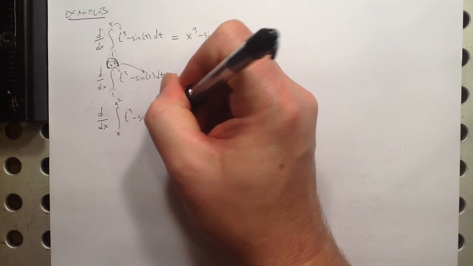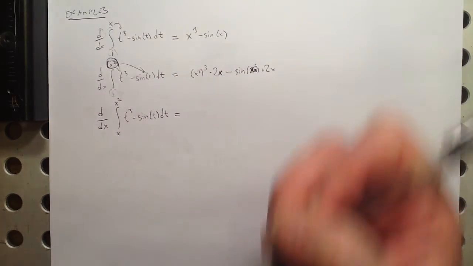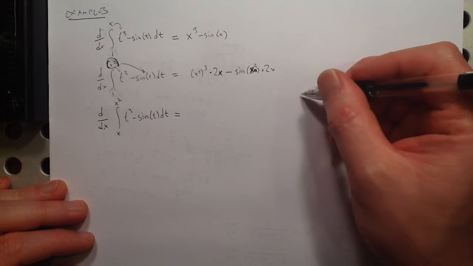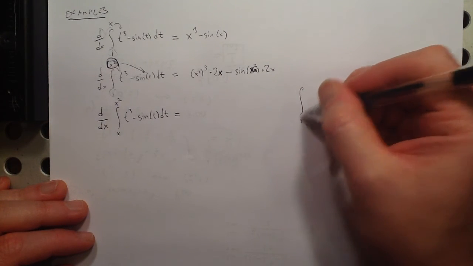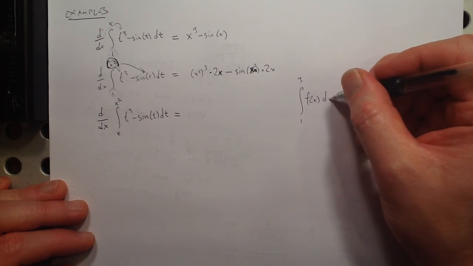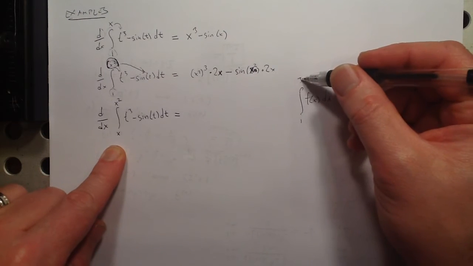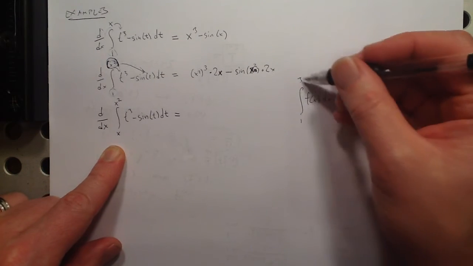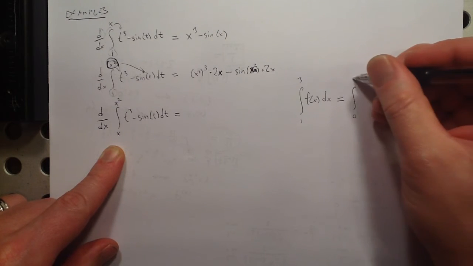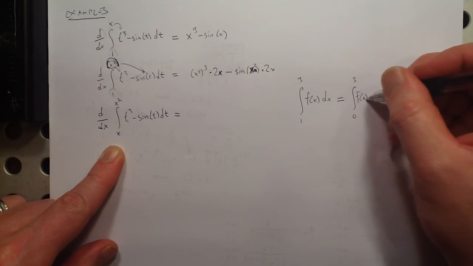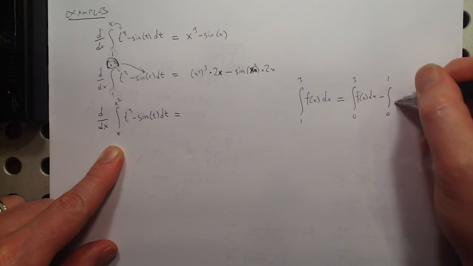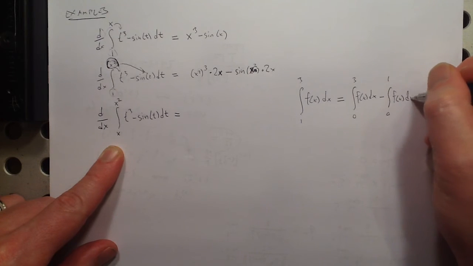Well, then we basically just use the rules of breaking up intervals. So let me just make a quick sketch here. If we had the area from, let's say, 1 to 3, some function f of x dx, well, let's say we pick a number like 0 that's below both of these. That would be equal to the area from 0 to 3, f of x dx, minus the area from 0 to 1, f of x dx.